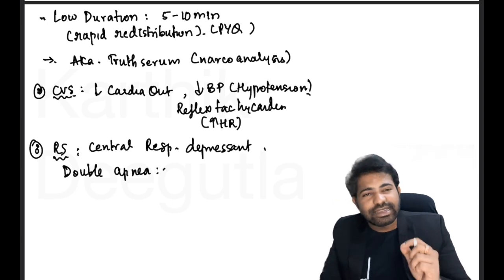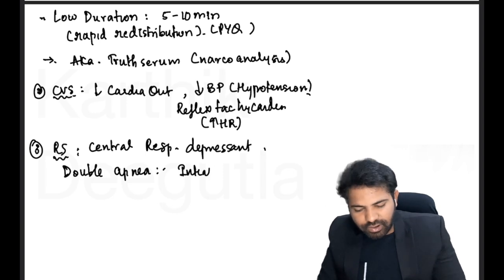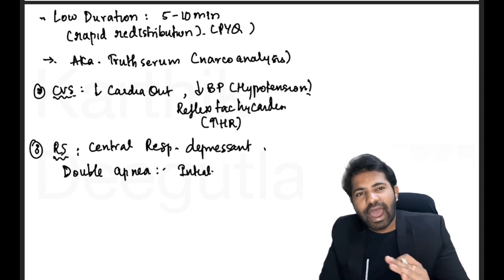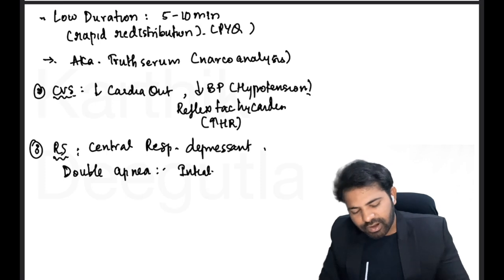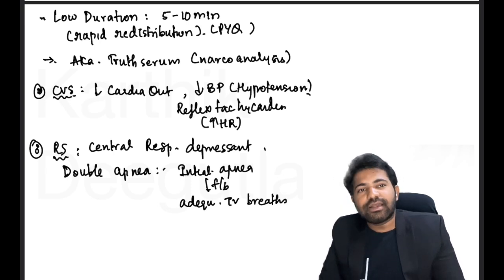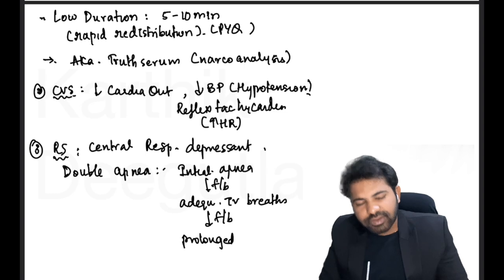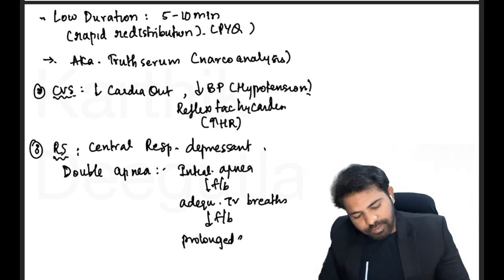There is an initial period of apnea, which is followed by adequate tidal volume breaths. Then there is a prolonged apnea. This is known as double apnea caused by thiopentone sodium.